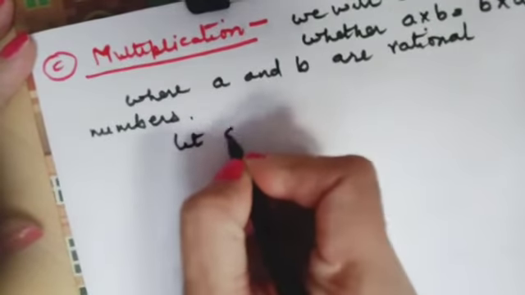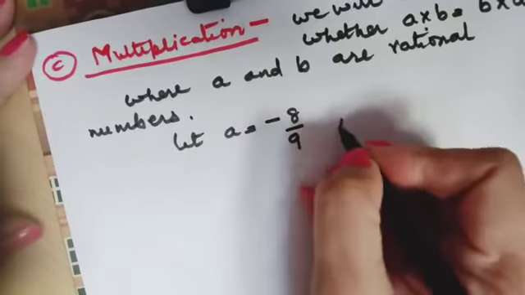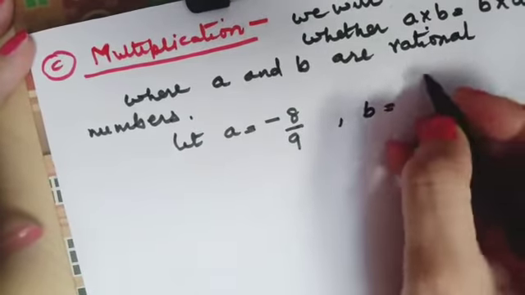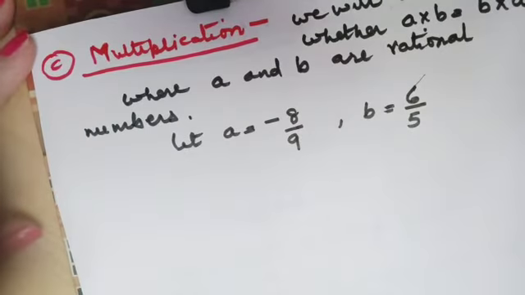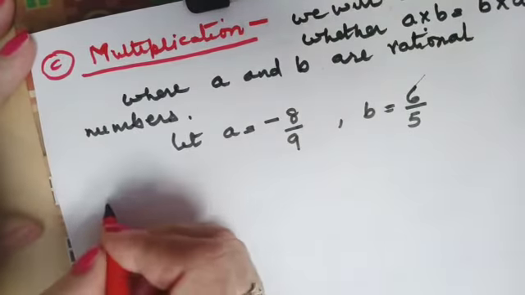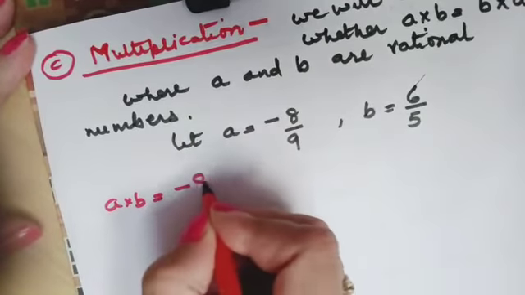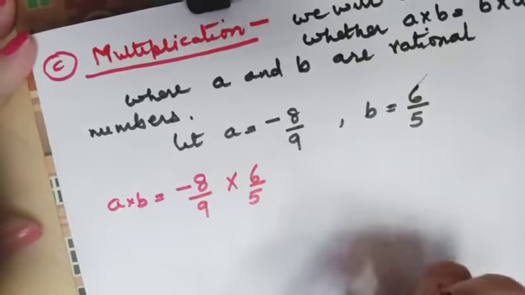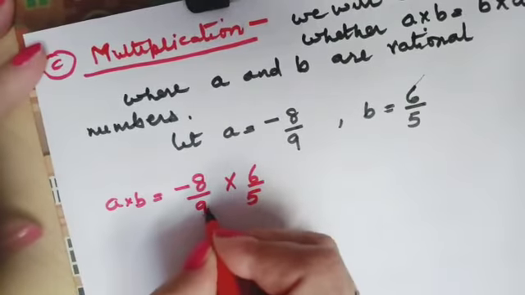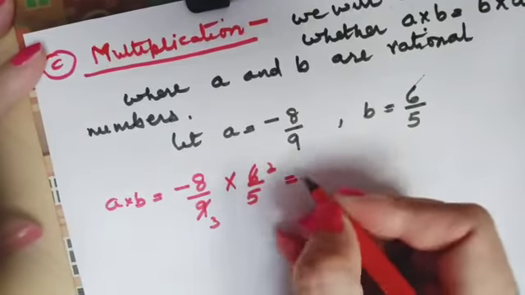Let A is equal to minus 8 by 9 and B is equal to 6 upon 5. We will put the values in A into B. What will we get? A is minus 8 upon 9 multiplied by 6 upon 5. We will cut it. 3 3s are 9, 3 2s are 6.